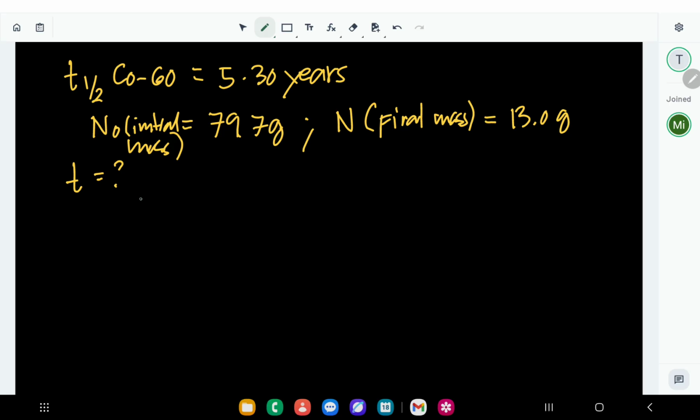Final mass equals initial mass times 1/2 to the t over t 1/2. I just want to check if we have the same.